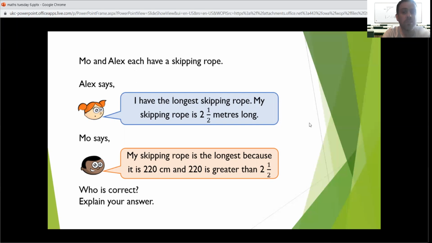Okay, so 2 meters, 200, half a meter, 50. So hers is 250 centimeters long. Mo's was only 220. So that means Alex's was the longest. You needed to just remember, once again, how many centimeters are in a meter, how many centimeters were in half a meter, and then you had to switch them over a little bit. So if you knew that 2.5 meters was 250 centimeters, Alex's was obviously the longest. Well done if you got that.